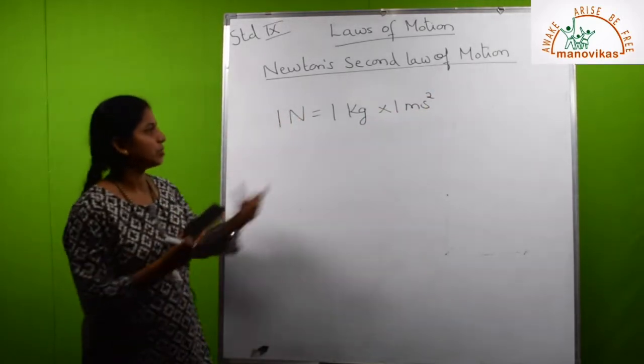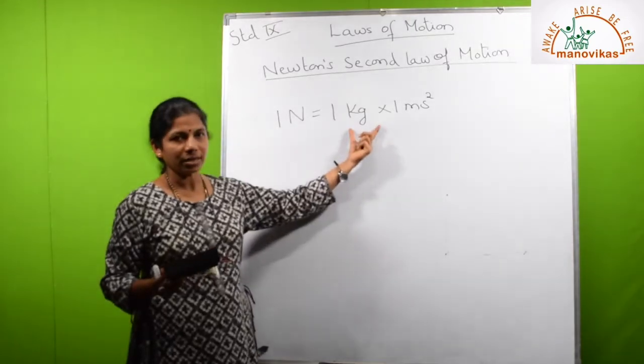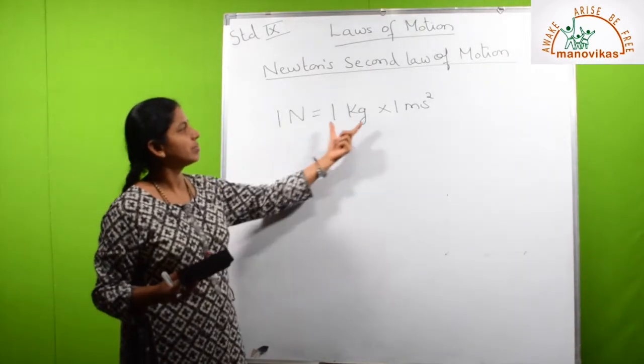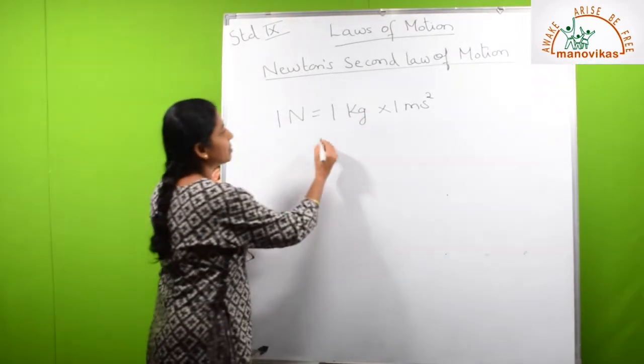So this is the relation between newtons, and this is the SI unit. In fact 1 Newton is 1 kg meter per second square.